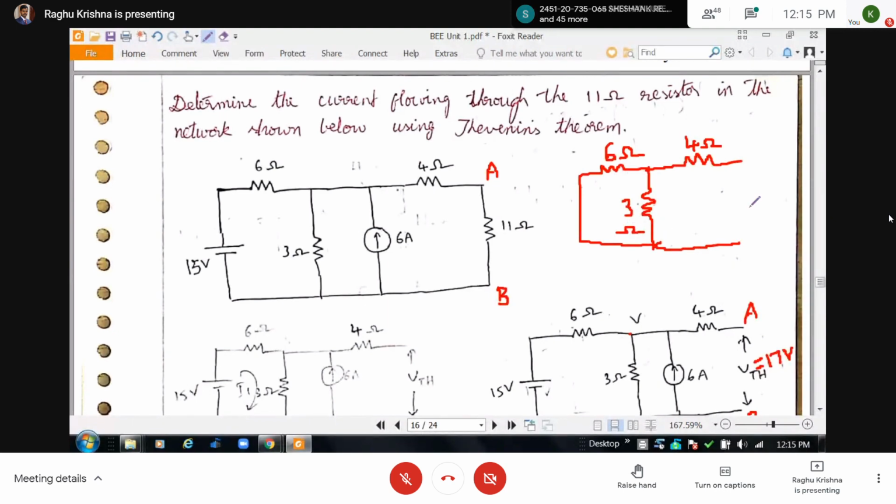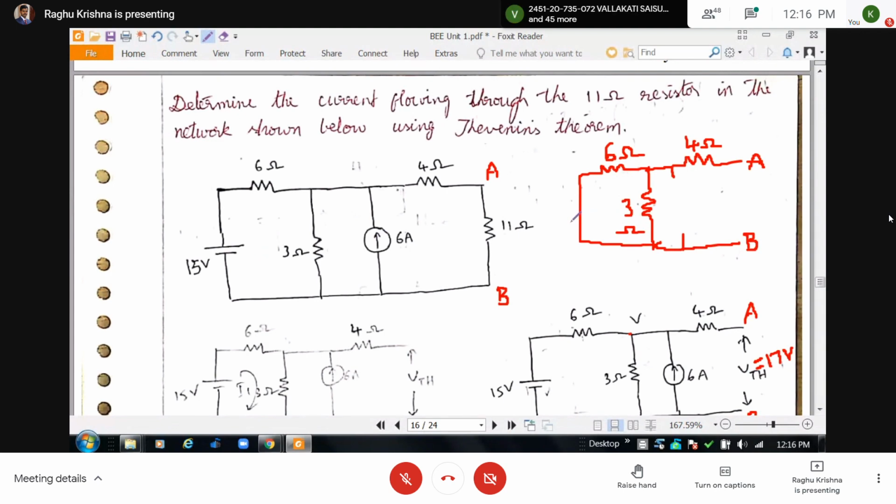This is the terminal A, this is the terminal B. The current source is replaced by an open circuit, and the voltage source is replaced by a short circuit.